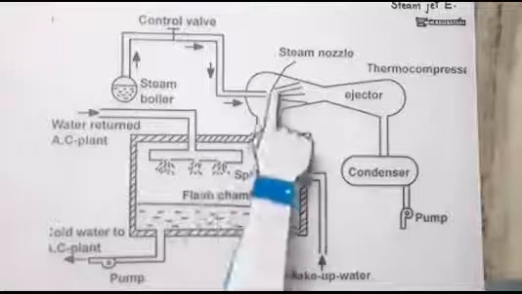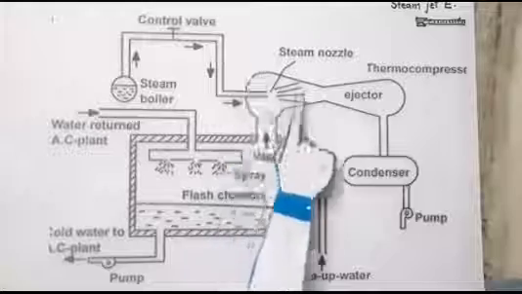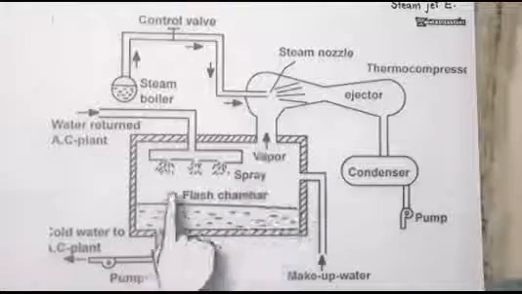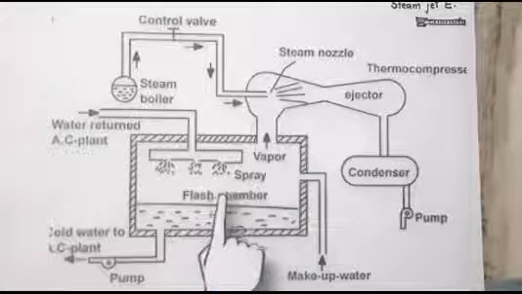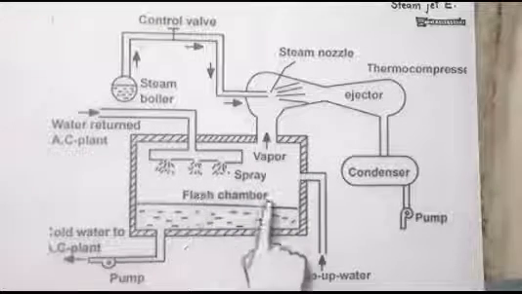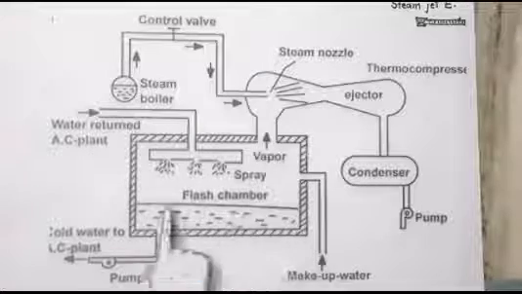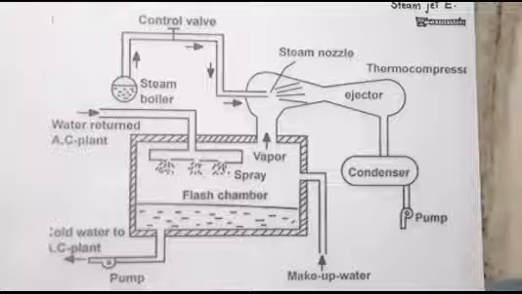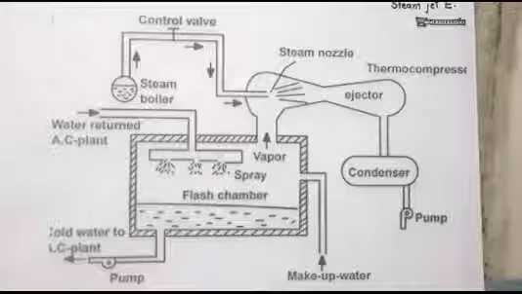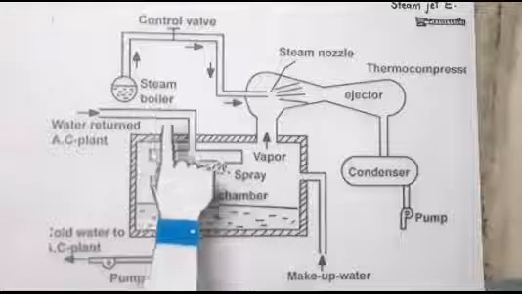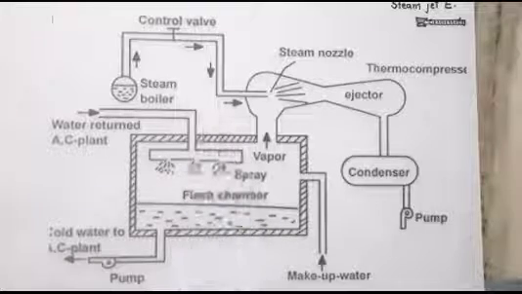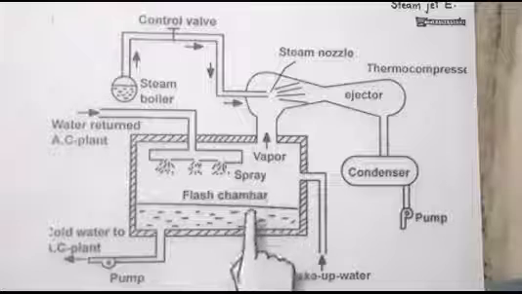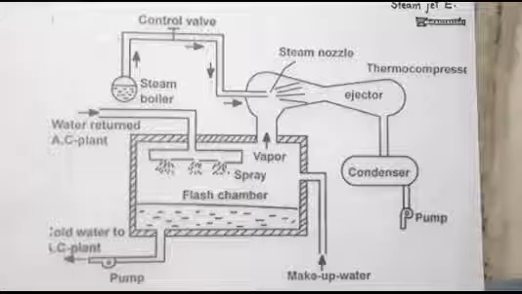High velocity decreases the pressure at this location, and that part is connected to this flash chamber, so it also decreases the pressure here. That much low pressure also decreases its boiling point. As we know, water starts boiling at 100 degrees centigrade at atmospheric pressure, but if we decrease the pressure, the water will start evaporating below 100 degrees centigrade.